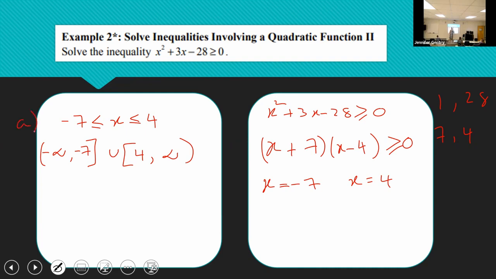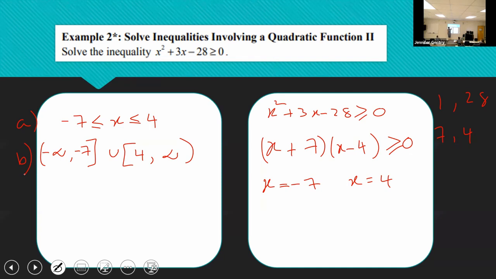The easiest way to do it, pick a number that's going to be on one or the other and see which one works. If I'm looking somewhere between minus 7 and 4 and I don't like to add, subtract, and multiply things, what number is a good number to pick? 0.